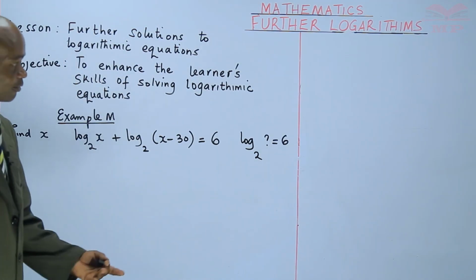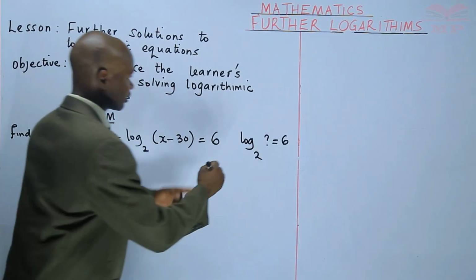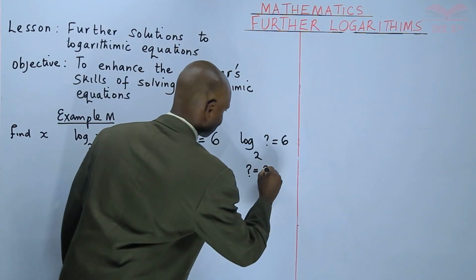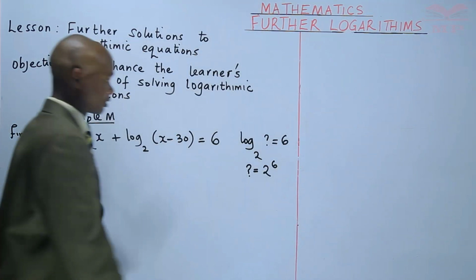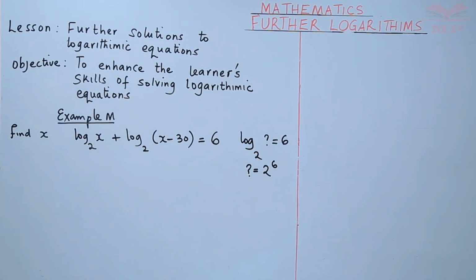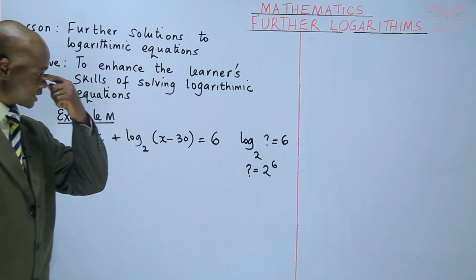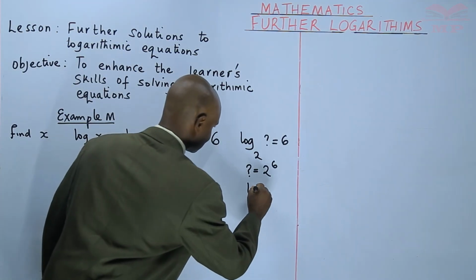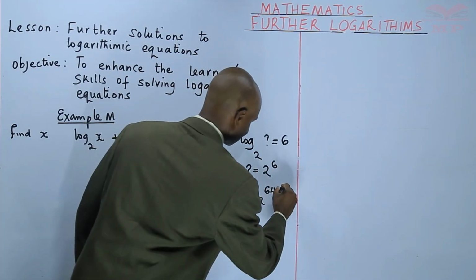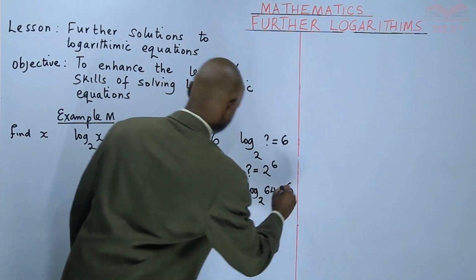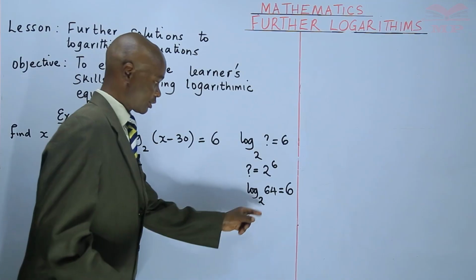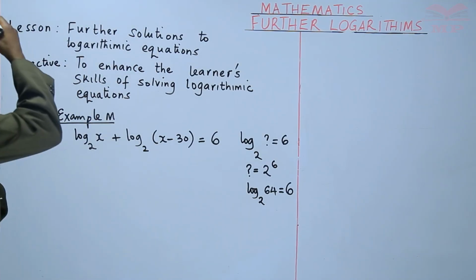In index form, this unknown is equal to 2 raised to 6. 2 raised to 6 is 8 times 8, which is 64.